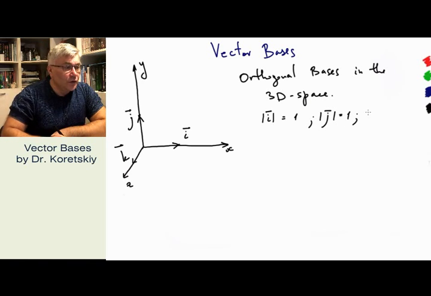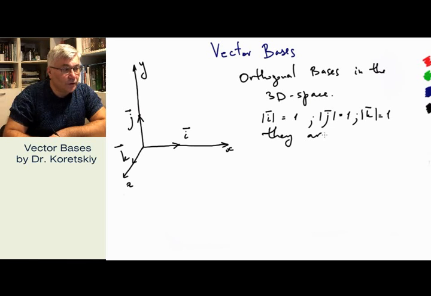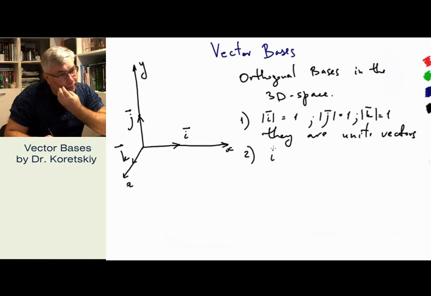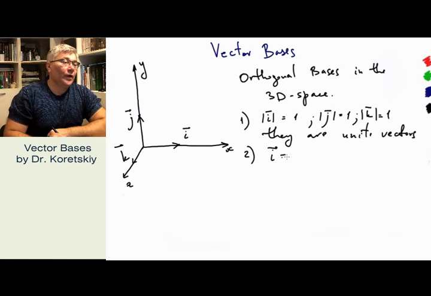And they are unit vectors, so the magnitude of i is 1, the magnitude of j is 1, and the magnitude of k is 1. So they are unit vectors.